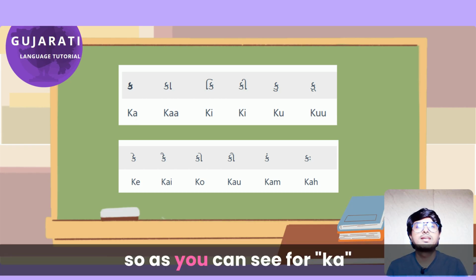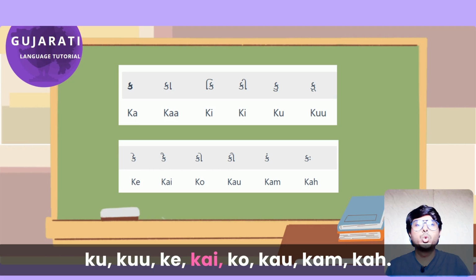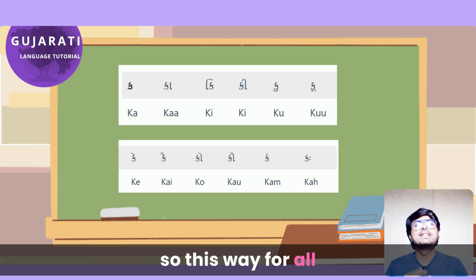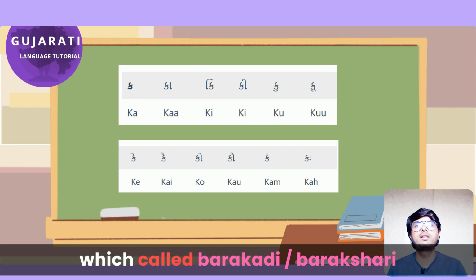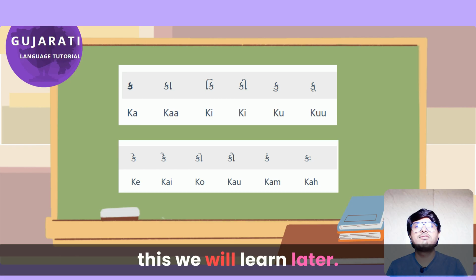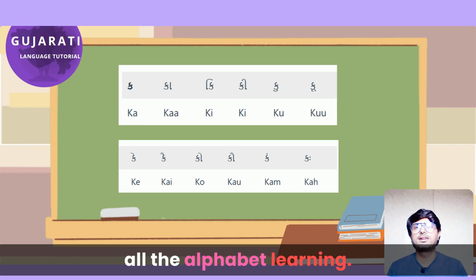For K we have 12 versions: K, Ka, Ki, Ki, Ku, Ku, Ke, Kai, Ko, Kau, Kam, Kah. This way all alphabets have 12 versions called barakadi. We will learn this later, before that we'll finish all the alphabet learning.